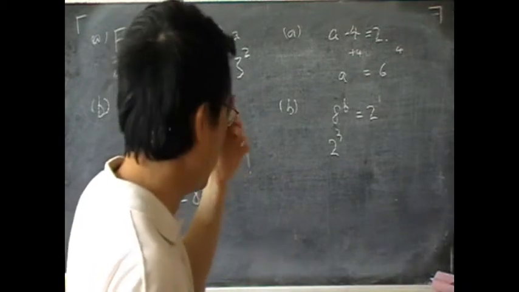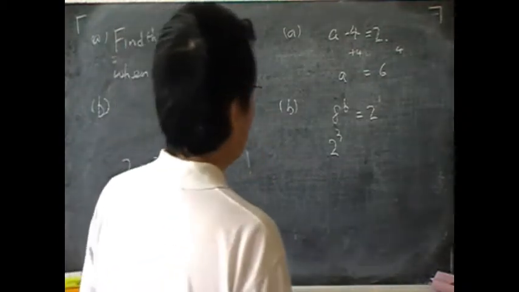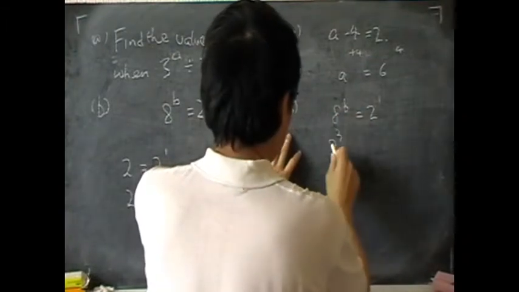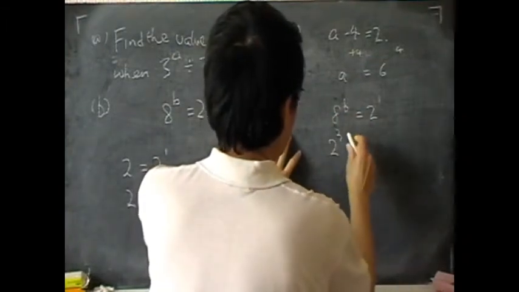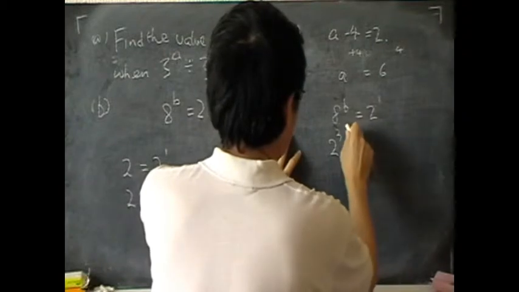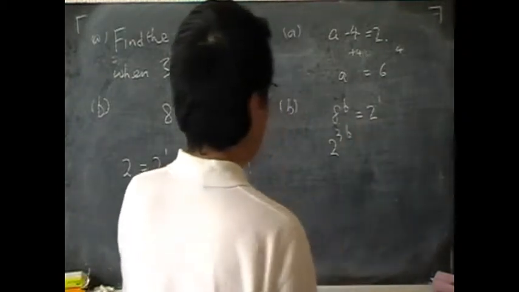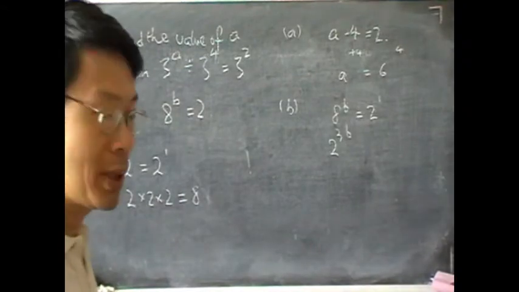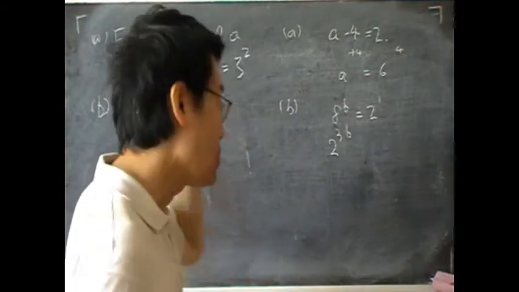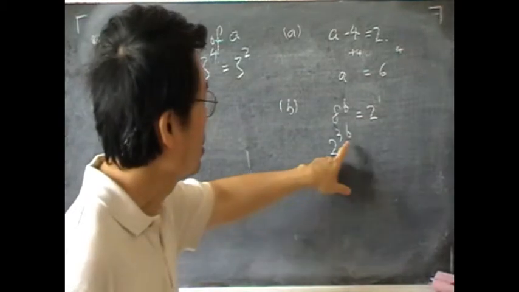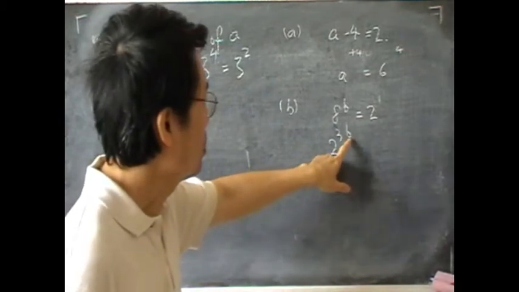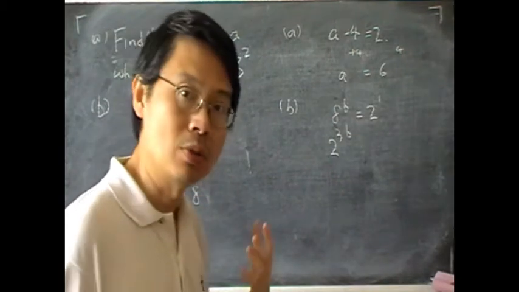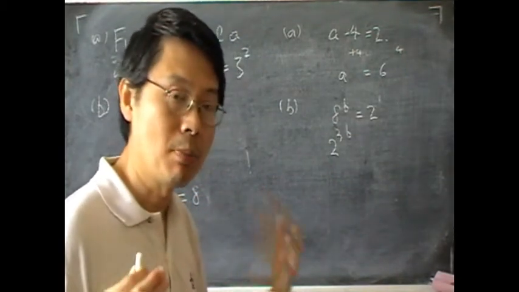Now let's be very careful at this step. I can just replace the 8 by 2 to the power of 3 and then just put the b next to it. But we have to be careful with such things in algebra, because you know that if you put two things together, we are supposed to multiply them.